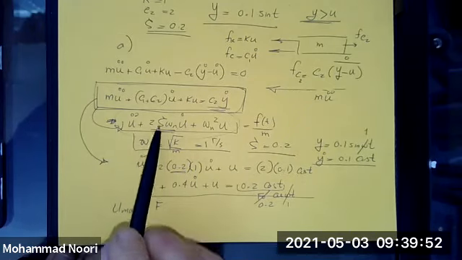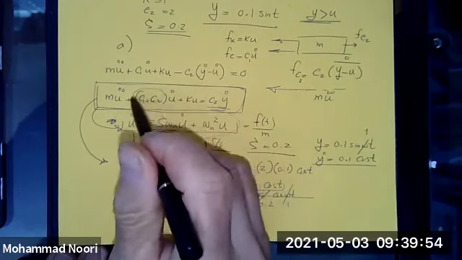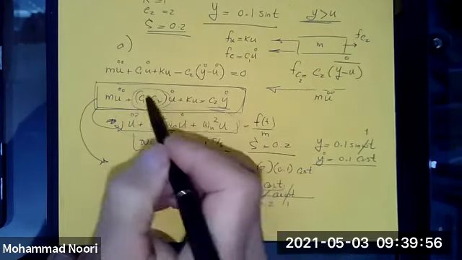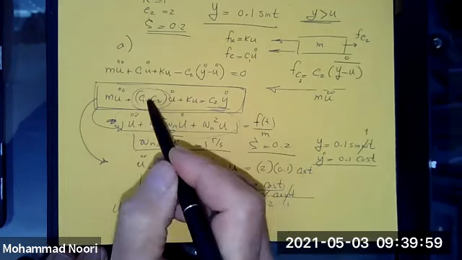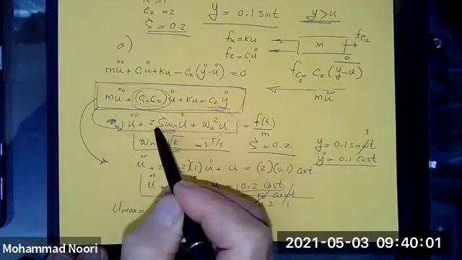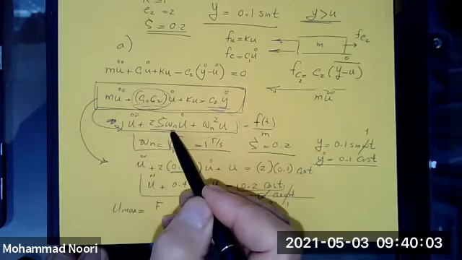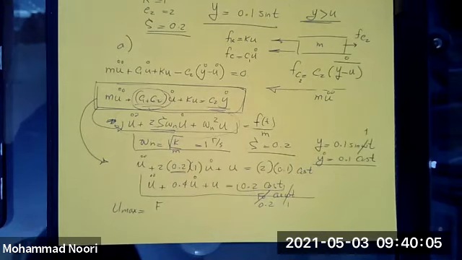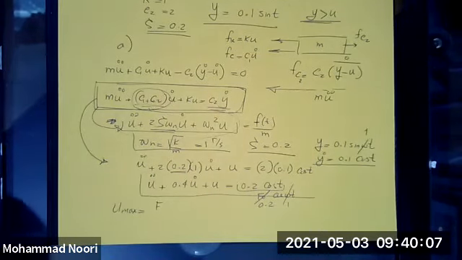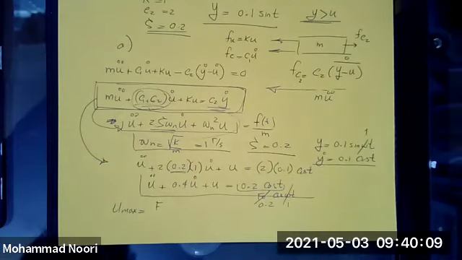I don't worry about C1 plus C2, because that converted and divided by m would be just 2 zeta omega n. So I don't need to worry about what C2 is. Does that answer the question? Yeah, thank you. Sure.